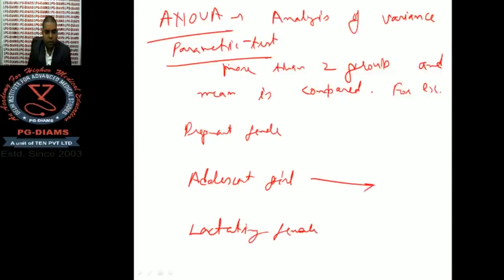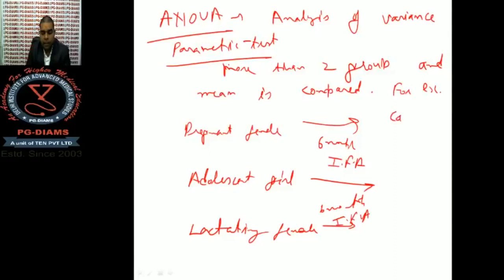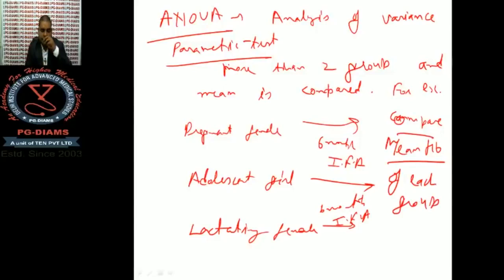In all the three groups, you give 6 month IFA, and you compare mean hemoglobin of each group. Then since there are more than two groups, it will be an example of ANOVA, analysis of variance.